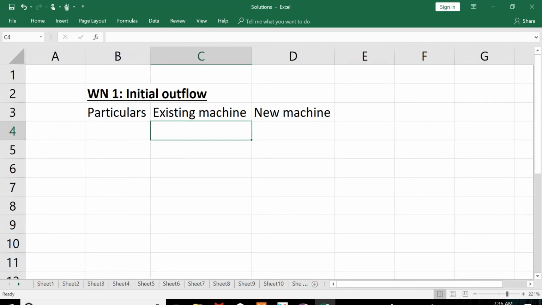Now let's analyze only data relating to existing machine. Let's not confuse with the new machine for the time being.